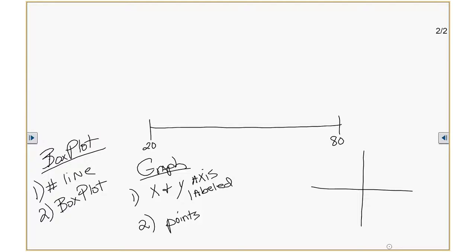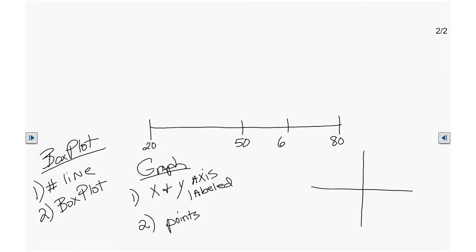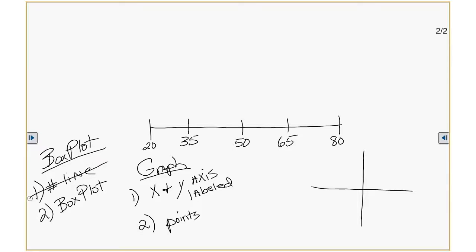Half of 60 is what? So it's 30 to the middle. So that'd be 50. And then 50 to 80 is 30. Half of 30 is 15. So that'd be 65. 15 would be 35. Okay, now I have my line done. Now I've got something I can graph on.